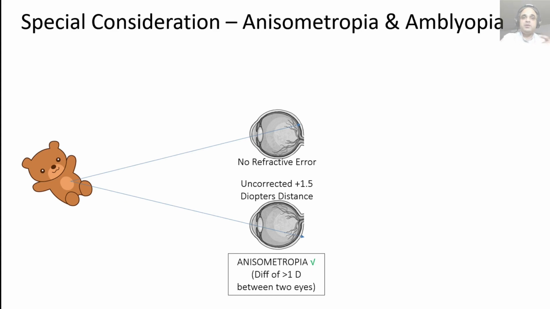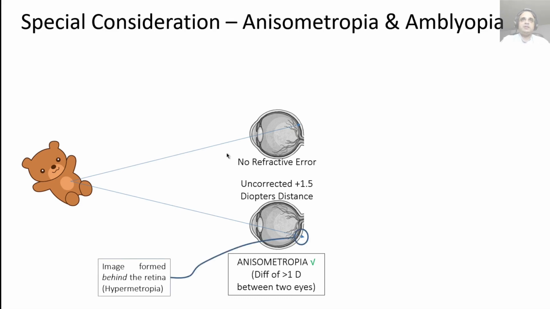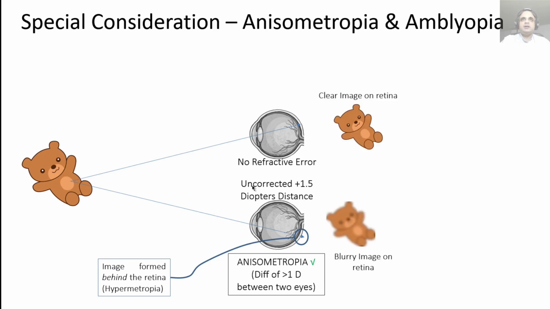So the process of accommodation here will not start simply because one of the eyes is generating a nice clean image and the other eye is not. The visual system won't compromise a clear image over an unclear image because you already have something that's nice and focused. Why would you want to spoil that? So one clear image and one blurry image on the retina, no involuntary accommodation because we have one clear image.